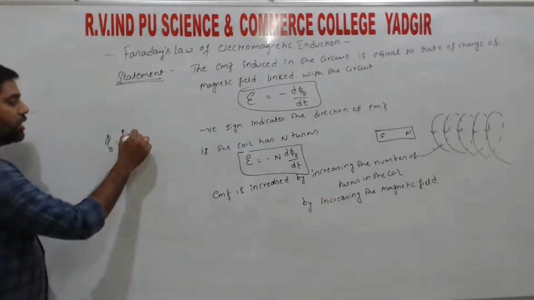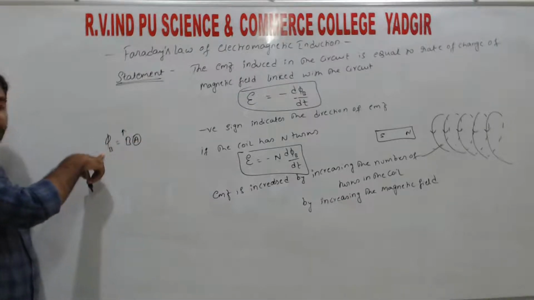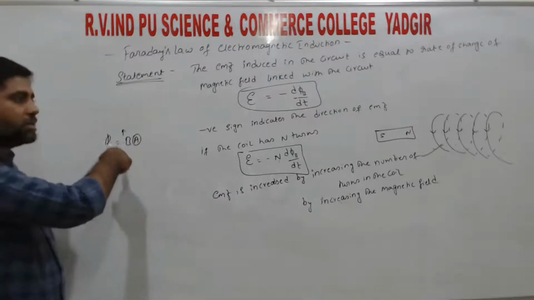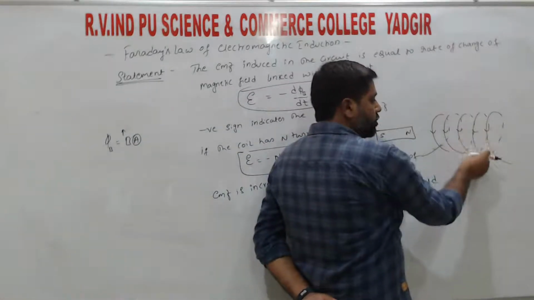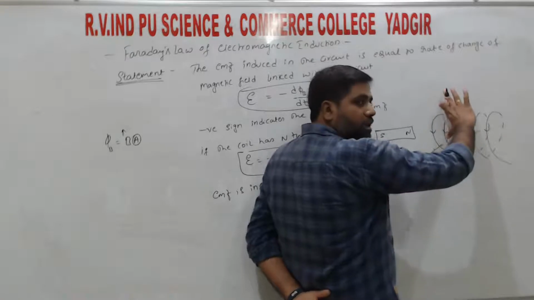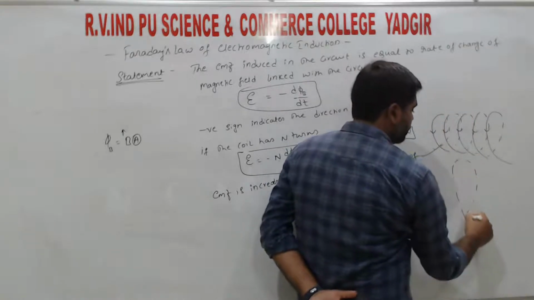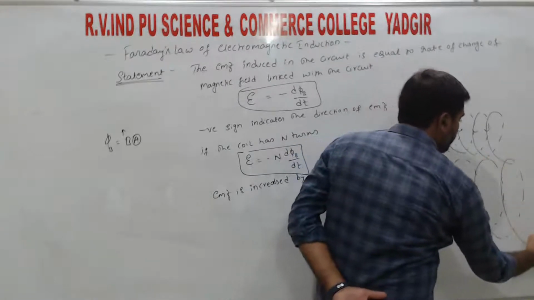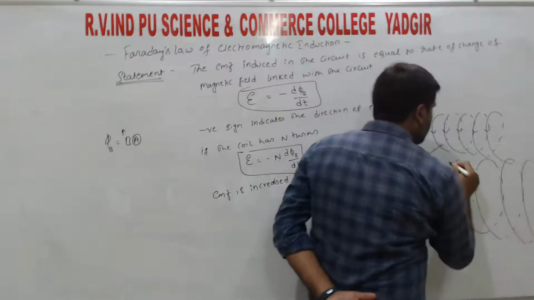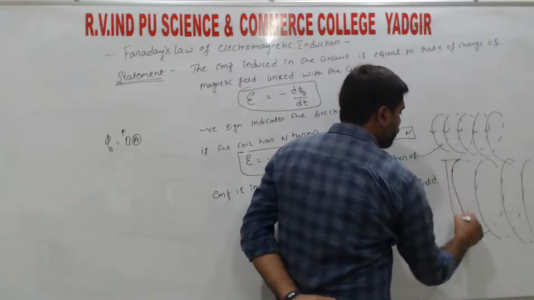The next one is the area of cross section. If the area of cross section increases, the magnetic flux also increases, right? That is by stretching. If we stretch, the radius of this coil increases, right? So if the area increases, this will be taken as the area of cross section.